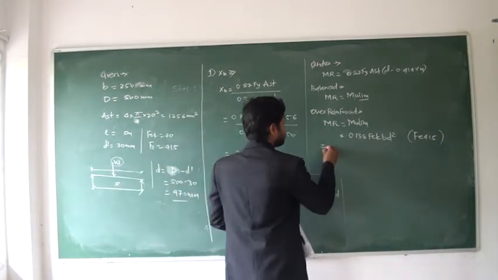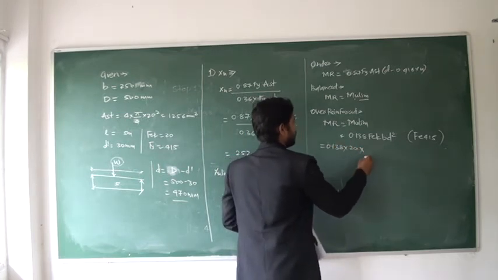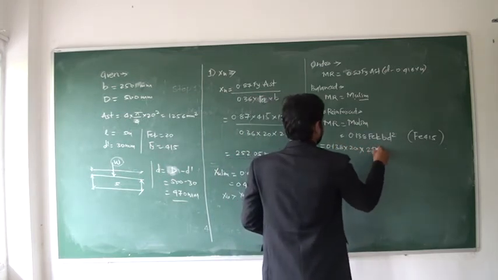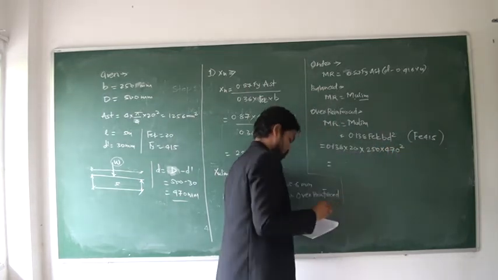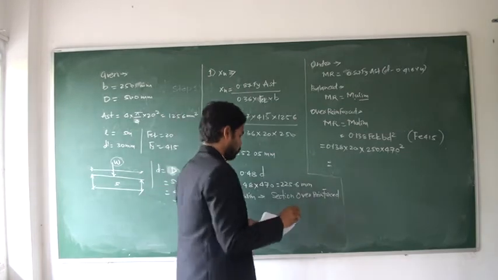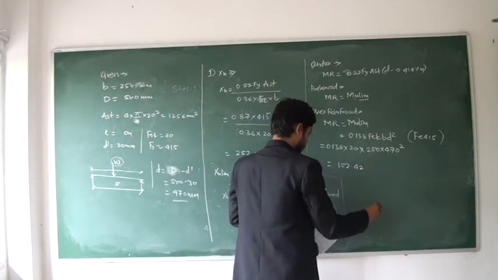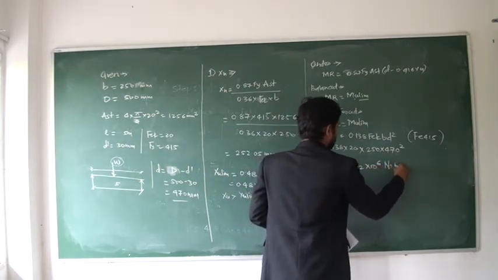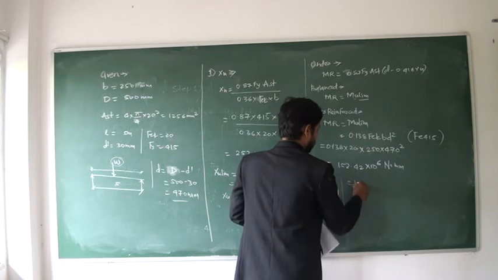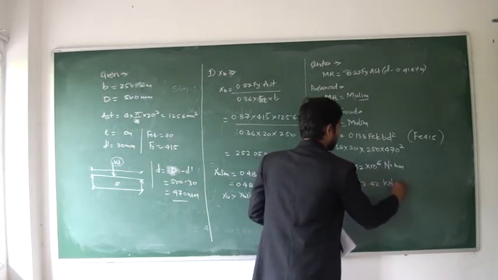Substitute all the values: fck 20, b is 250 and d is 470 square. If you calculate this, you will get 152.42 into 10 raised to 6 Newton mm.